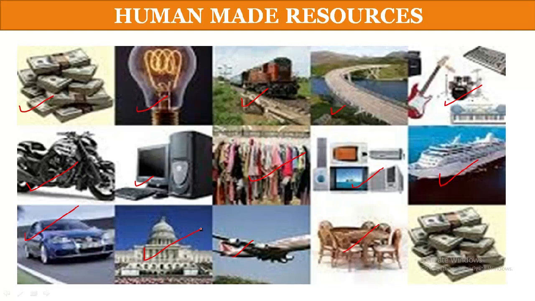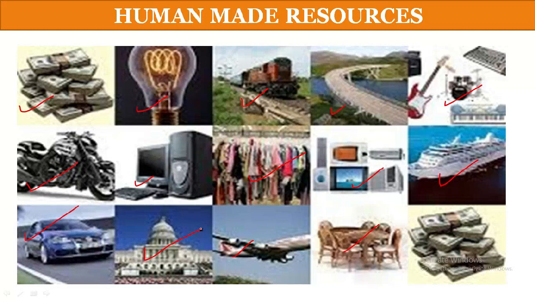Now students, let's have a question here. Do you find anything common among all these images? Yes, there is a common aspect among all these images. Objects in all these images have been made by humans. And since human beings use all these kinds of resources, that is why these resources are termed as human-made resources.